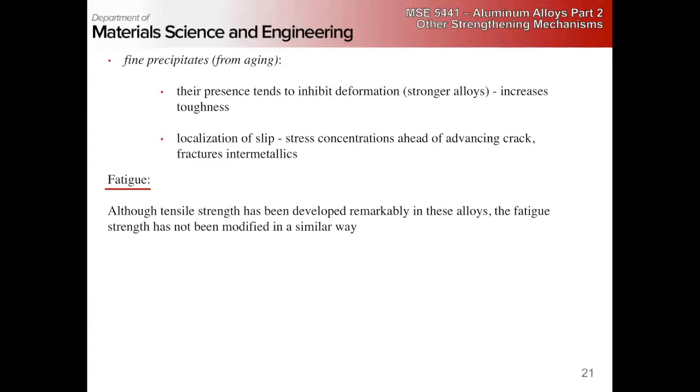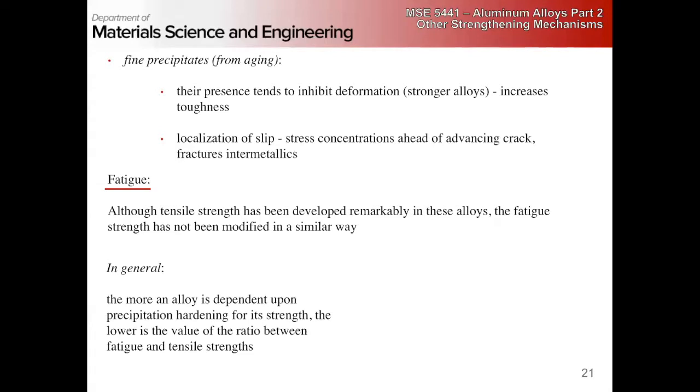So fatigue in aluminum alloys is quite interesting, right? We've been able to do a lot with the strength. We've been able to really increase the strength through alloying, but we haven't really improved the fatigue life of aluminum in the same way.